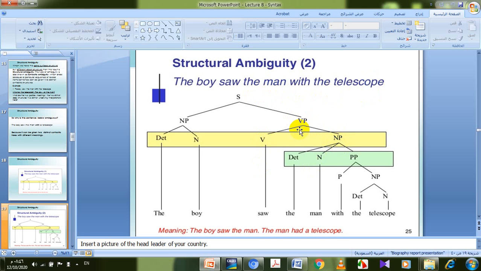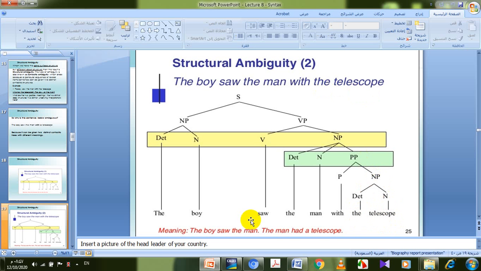This noun phrase is subdivided into, number one, determiner, the, and noun, man, so the man here is under the same noun phrase. And with the telescope is a prepositional phrase, which is subdivided into preposition and another noun phrase, the telescope, subdivided into determiner and noun.